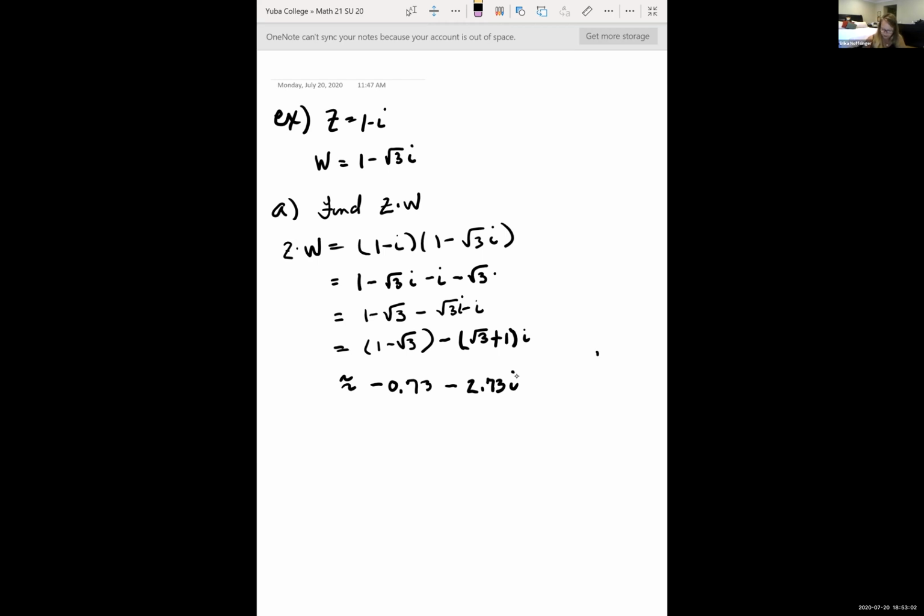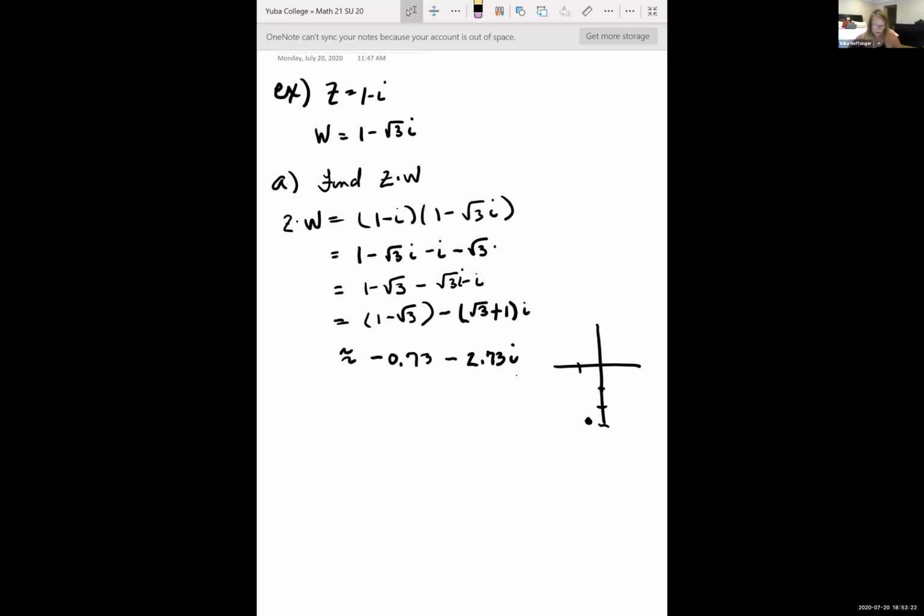So if we graphed this, we go over about negative 0.73 and down about negative 2.73. So it'd be about here. Now let's look at it using Euler's method, or putting it in exponential form and polar form with multiplying.